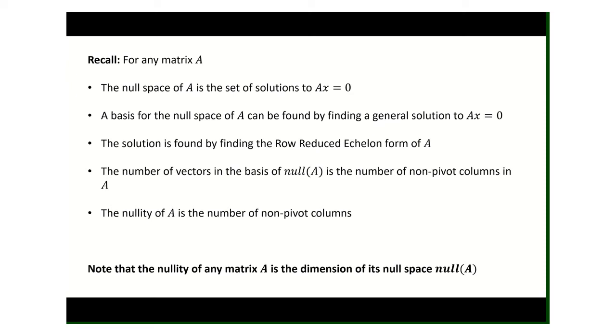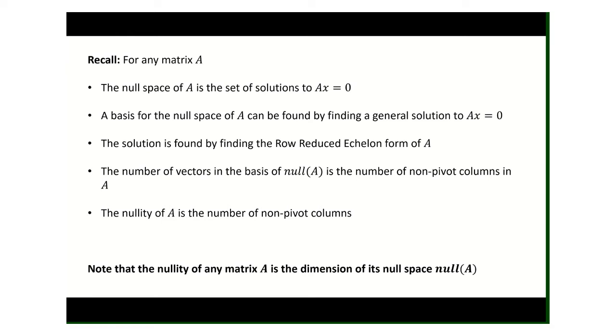Another thing to recall. If we have any matrix A, we talked about the null space being the set of solutions to AX equals 0. So we saw how to find the null space and how to find a generating set for the null space. That's by solving for AX equals 0 and putting the solution into vector form.